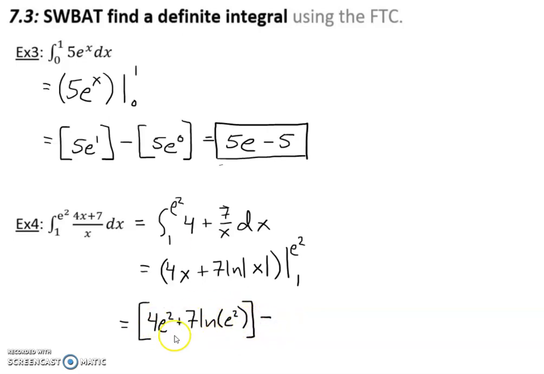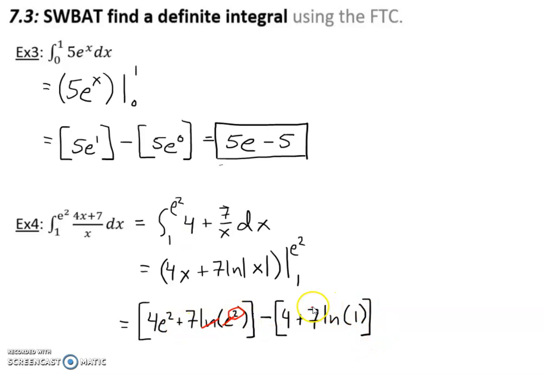All right, so that was our upper limit. Now we're subtracting our lower limit plugged in, so that's just going to be 4 plus 7 times natural log of 1. This one's going to come out a lot nicer than you might have thought. The reason is right here, natural log of e squared, those cancel out, and this is just going to end up being 2, so 7 times 2.